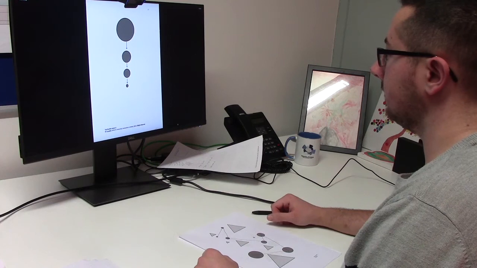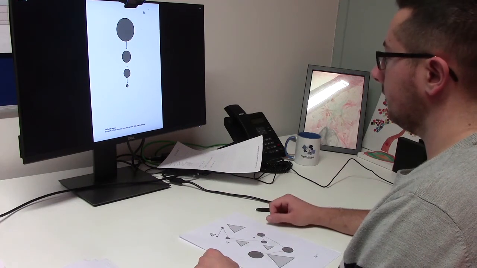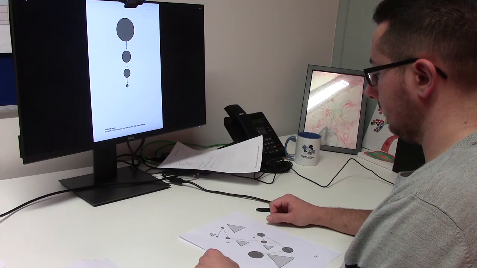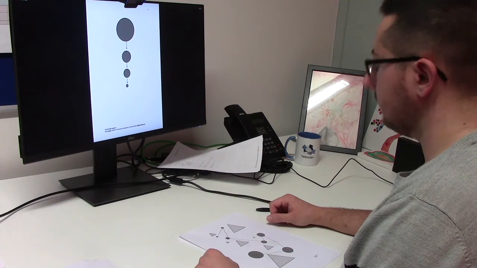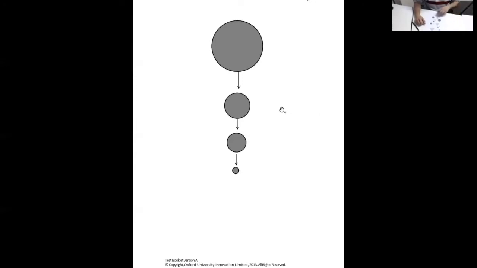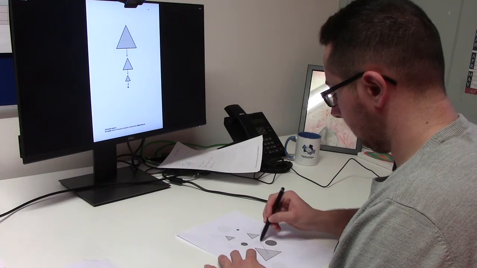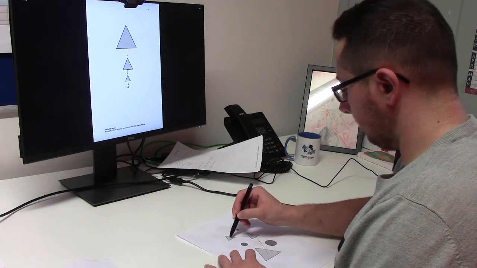Fantastic. So I'm not going to ask you to hold it up to the camera. We'll just do all of the tasks in one go, and then at the end I'll ask you to just show me. So if you go to the next page again, now instead of the circles, we're trying to do the triangles. So only the triangles, but again from large to small. So the biggest triangle first, and then you draw a line to the next one and a line to the next one.